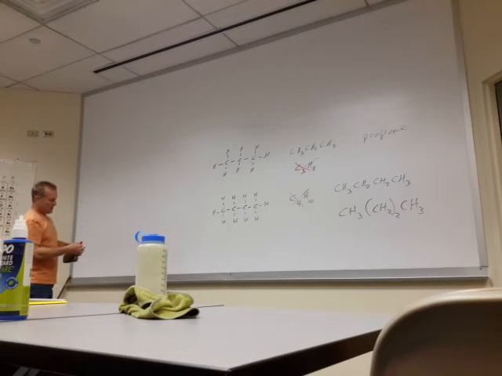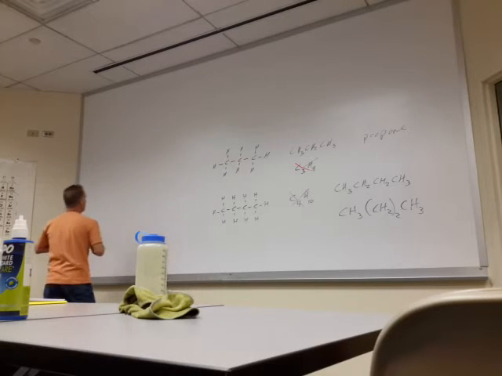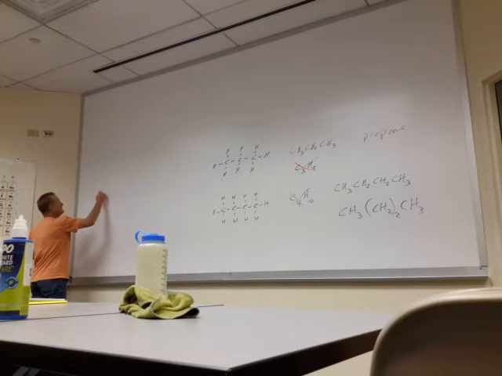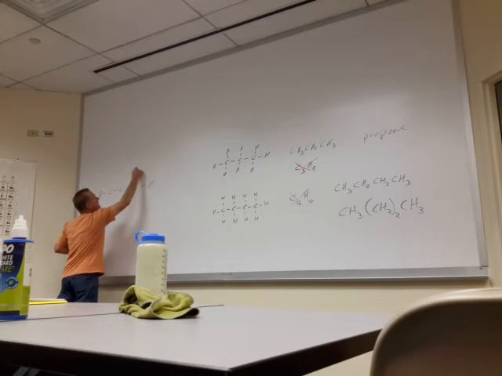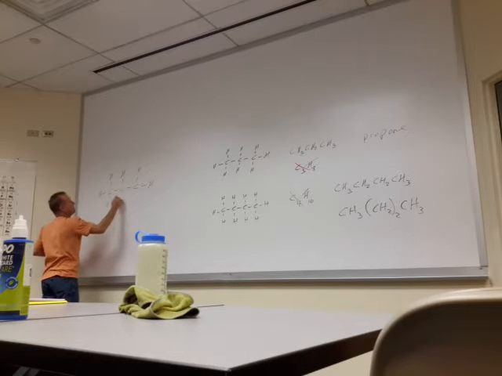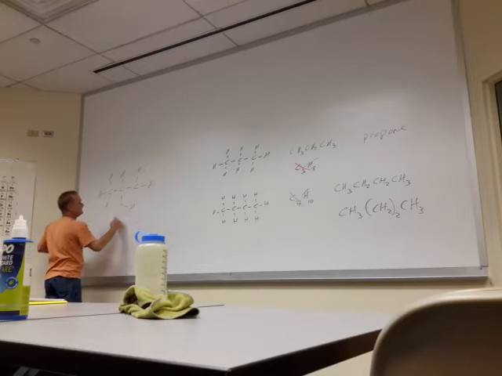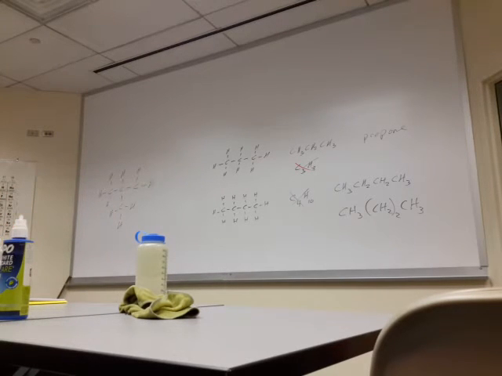Because if you have 4 carbons and 10 hydrogens, they might be arranged like that. But they might not. They might be arranged like that. If you don't believe me, count them. They're both C4H10.